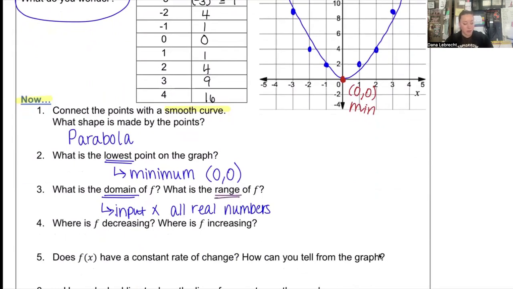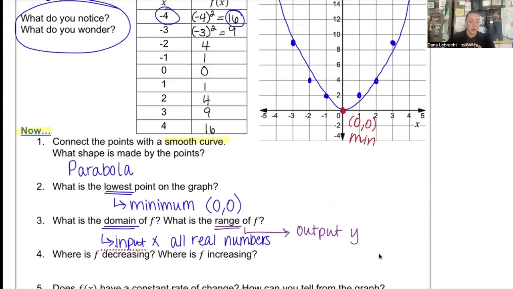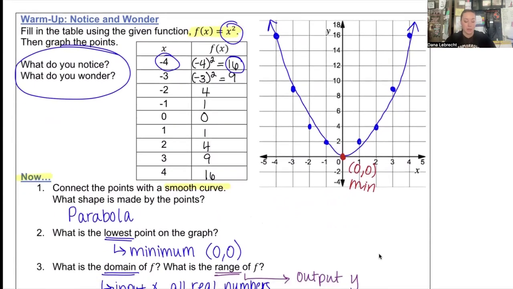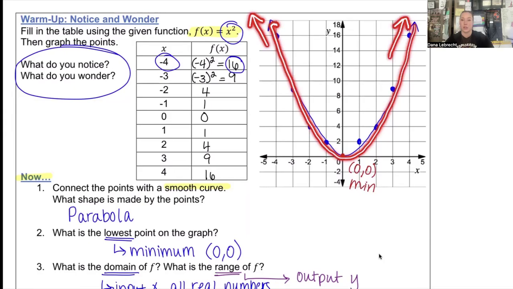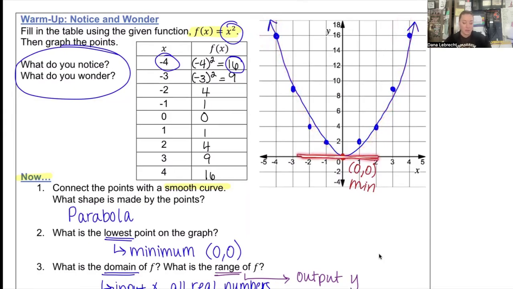Then we want to talk about our range. Our range is for the output, which are the y values. Something that's unique about our parabolas is that they have this curve. In this situation, there is a minimum. There is a lowest value that we have. No matter what other points I plug in, it's either going to continue going up in this direction or up in this direction. We're never going to have any output values lower than this because that is my minimum.